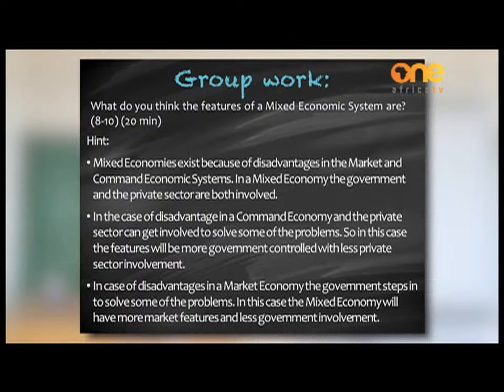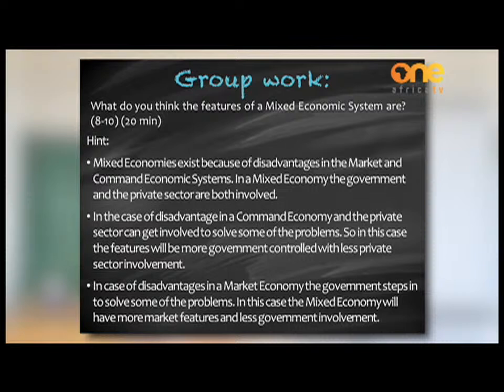But this process of privatization actually means that it is not only the government that owns all the resources and all the assets and all the businesses. Then there are private sector businesses involved, and that means it's not a pure planned economy anymore.